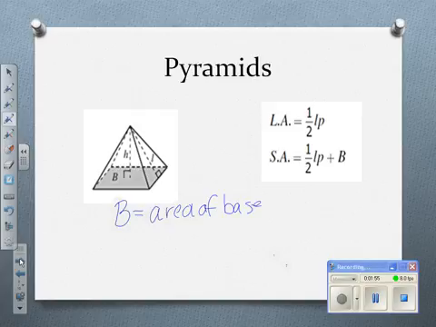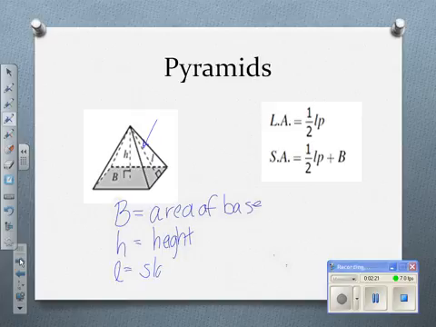So you'd have to use the appropriate area formula. Okay. H is the height. Now a pyramid and a cone are going to have two different heights. Okay, this is the height here, and they're always going to come down to the center and be a right angle. L here is the slant height.